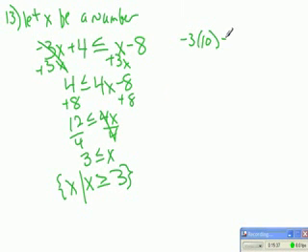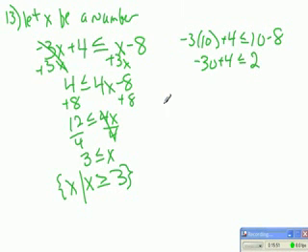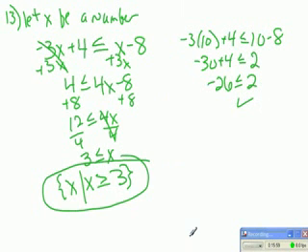Negative 3 times 10 plus 4 is less than or equal to 10 minus 8. Plug them into the original, replace my x's with 10s. Negative 3 times 10 is negative 30 plus 4 less than or equal to 10 minus 8 is 2. Negative 30 plus 4 is negative 26 less than or equal to 2. That is true, which means my answer was right.